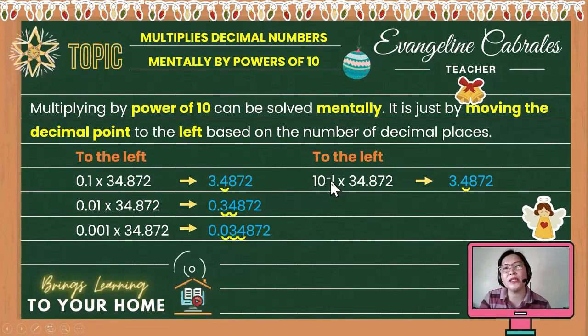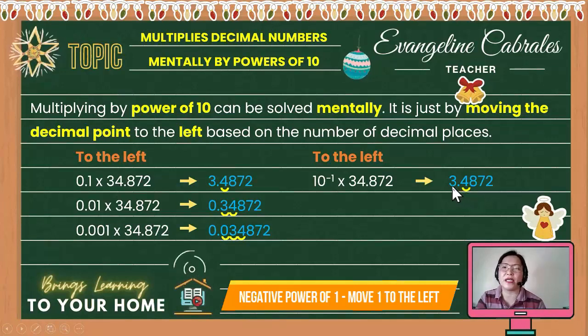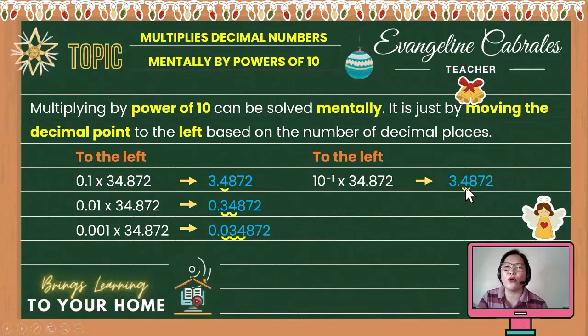So, yung exponent din niya ang magsasabi kung ilan ang decimal place. So, ito ay -1, kaya ang decimal place ay ilan? 1. At papunta saan ang pag-usod? To the left. Kaya, gaya dito, pareho lang sila ng sagot. Nasa pagitan ng 3 at 4 ang decimal point dahil iniusod ng 1 papunta sa kaliwa.